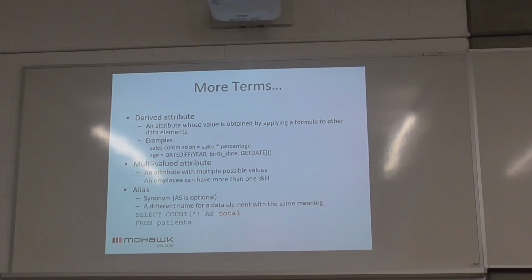Well, no, it's like I'm performing this calculation, and I'm going to give it that name, so the table that you get out of this query looks like this. If you didn't alias it, the system would determine what the name of this column should be. Here you're saying, no, it's going to be total.